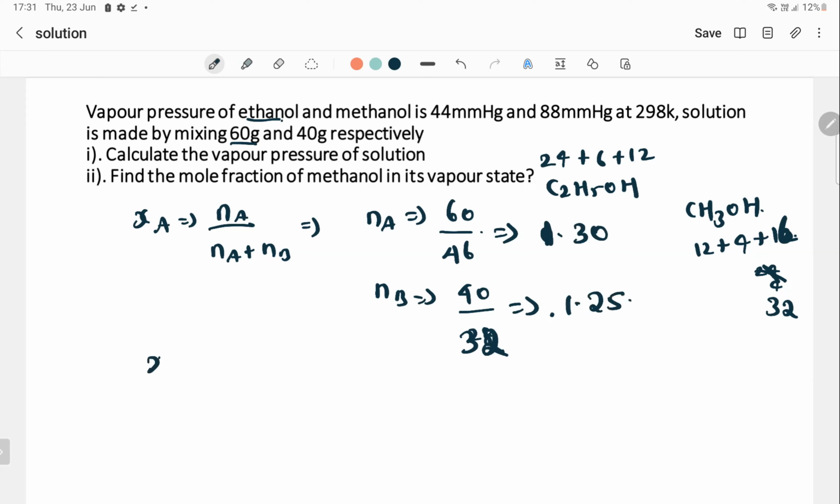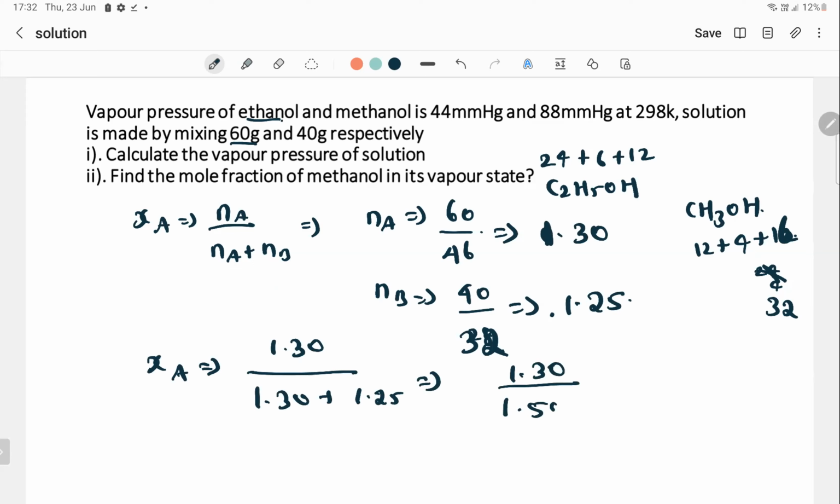Okay. So now XA is equal to NA, that is 1.30 divided by 1.30 plus 1.25. So 1.30 divided by 2.55.